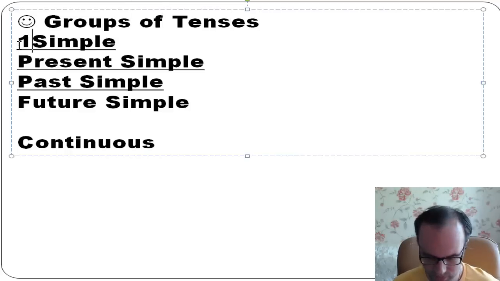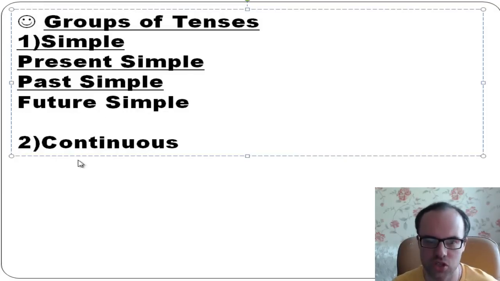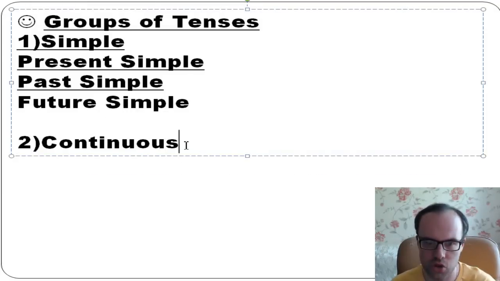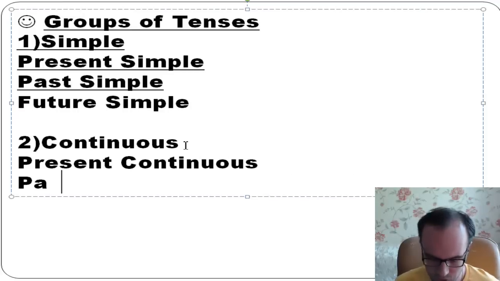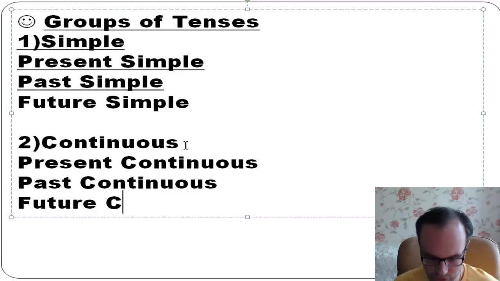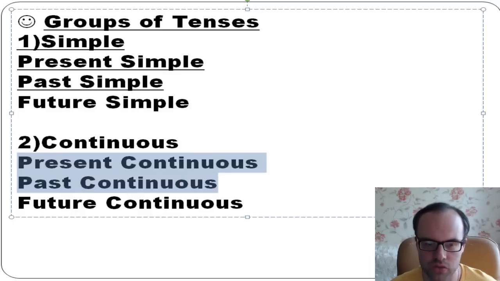So the first is the simple group, and the next one is the continuous group. So you see present continuous, past continuous, and future continuous. We talked about these tenses, yeah?